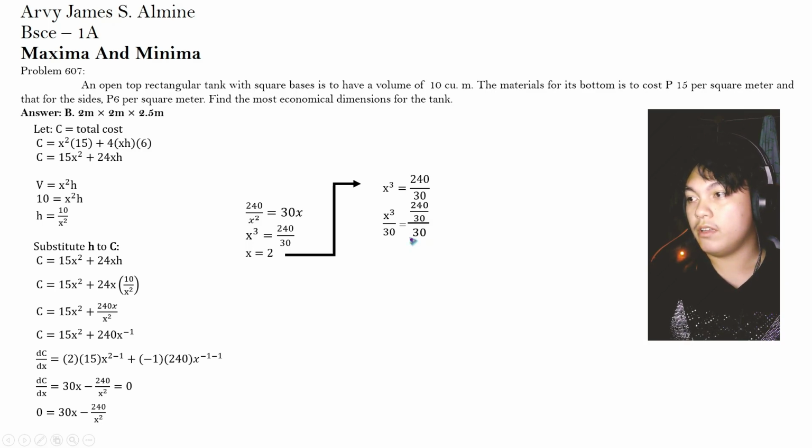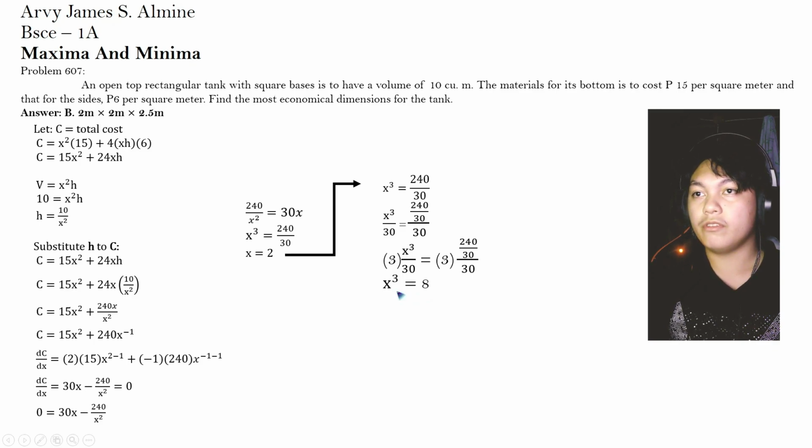To get rid of the fraction on the right side, we can multiply both sides of the equation by 30. So this simplifies to x cubed.